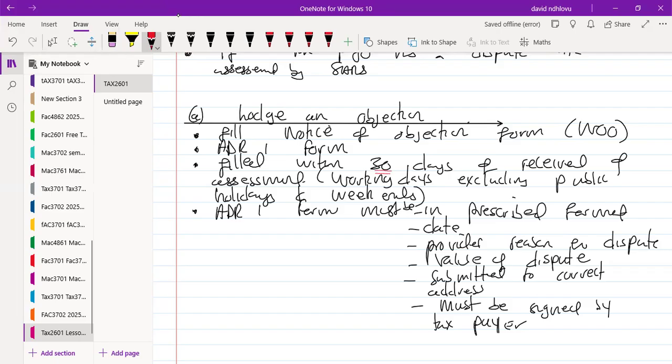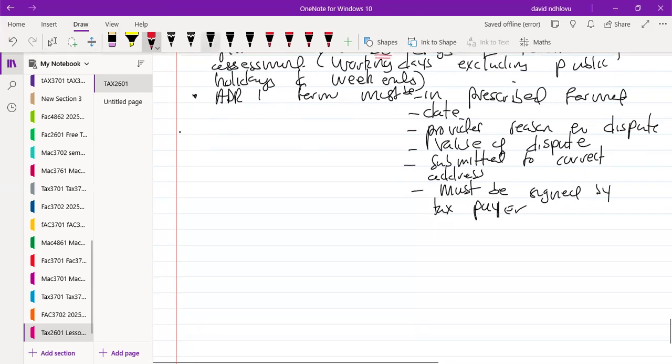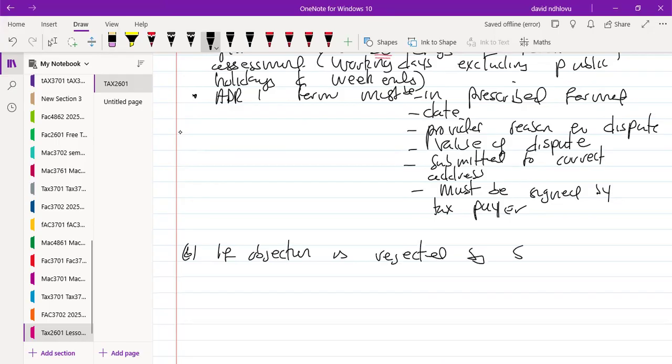When you receive a rejection of an objection, your next step is this: if the objection is rejected by SARS, this time you must lodge a notice of appeal.